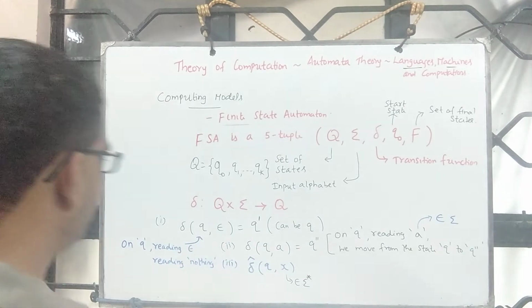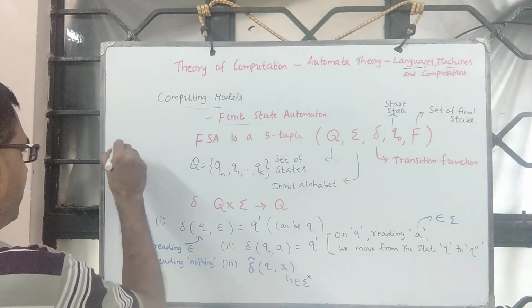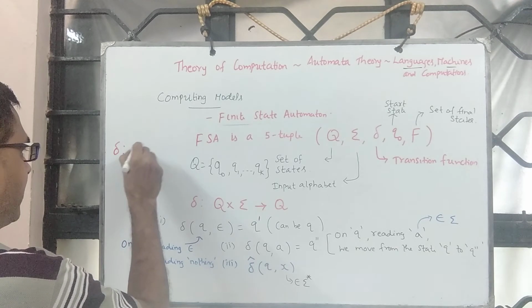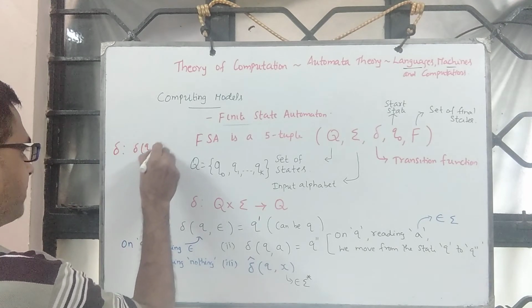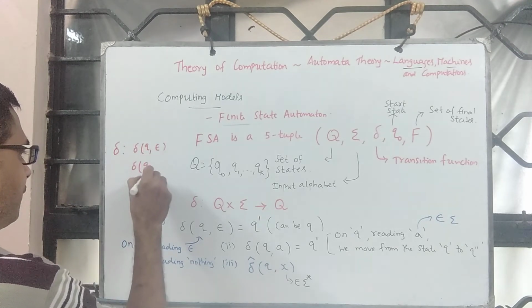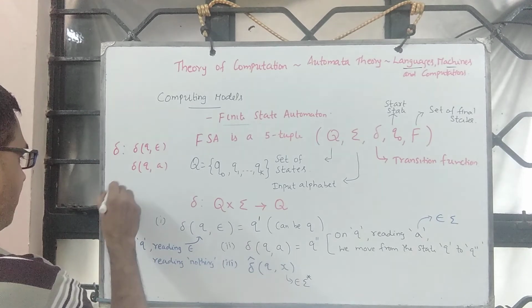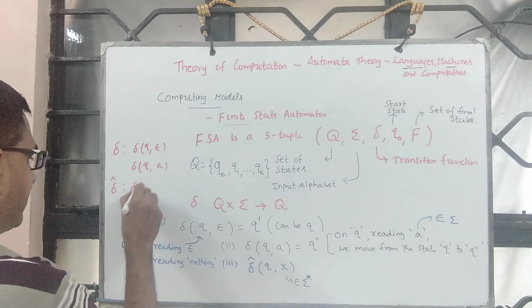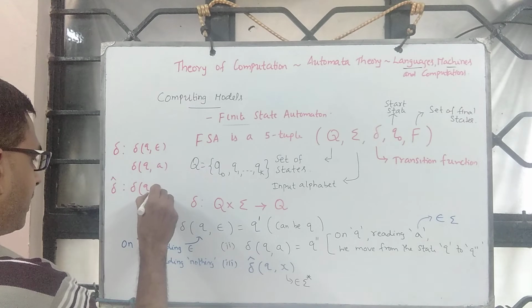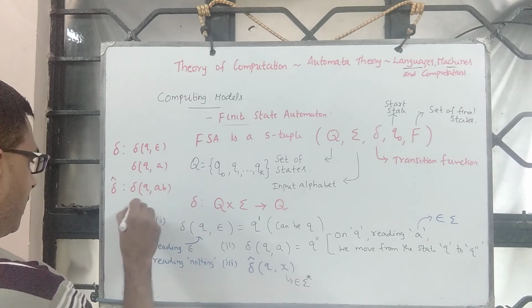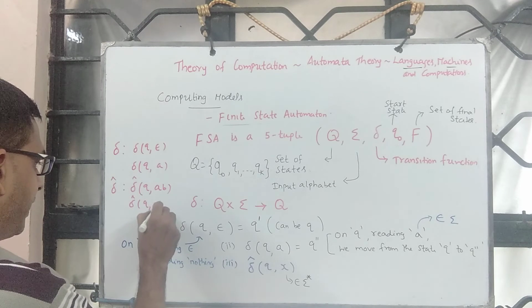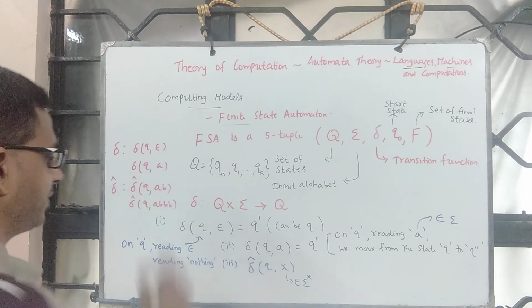It's just a notation. So we use delta for delta of Q comma epsilon or delta of Q comma A. But we use delta cap when it is reading something like AB, or something like ABBB.